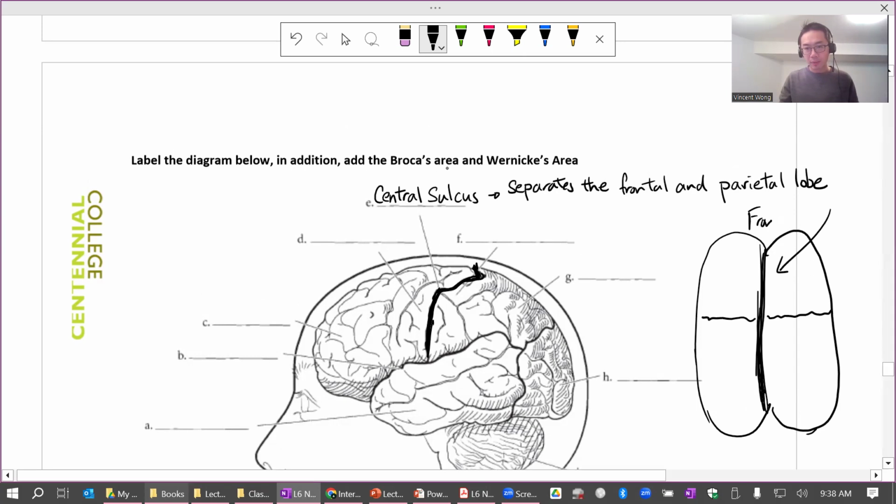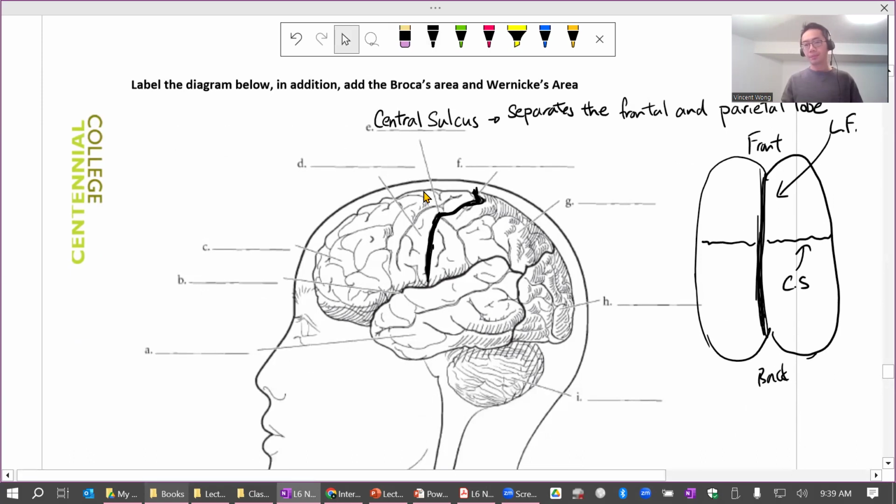This is the front of the head, this is the back. So you have the longitudinal fissure in the middle, and this would be the central sulcus, looking at the brain from the top. Hope you can visualize that.